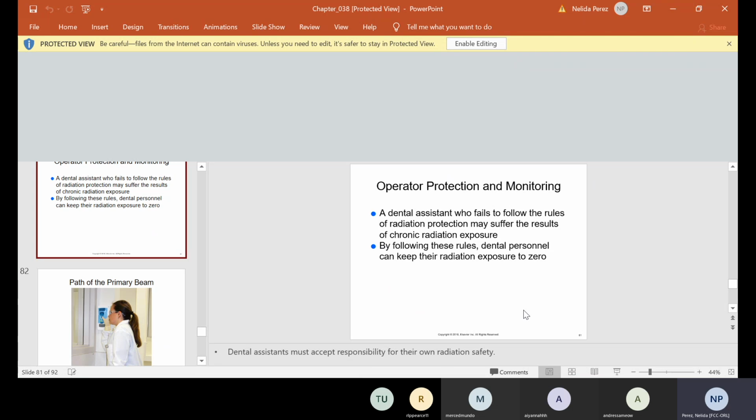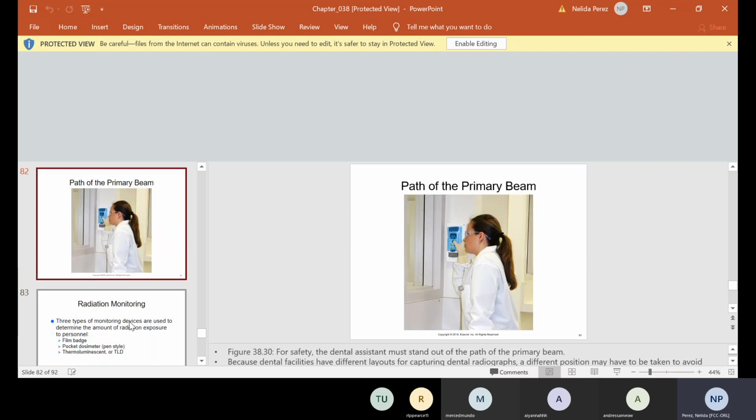Operator protection and monitoring. A dental assistant who fails to follow the rules of radiation protection may suffer the results of chronic radiation exposure. By following these rules, dental personnel can keep their radiation exposure to zero, and that's what we want. So make sure you're standing back, in our case behind the x-ray shield barrier, and not standing in front of the primary beam.